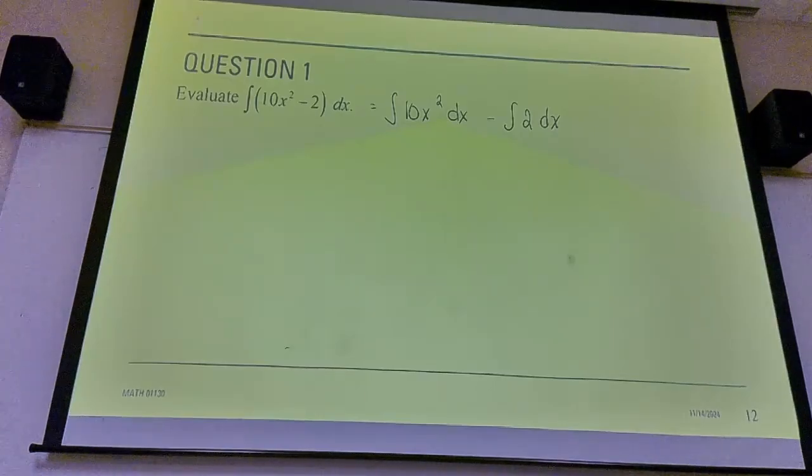All right, so first step, split it across the sum. And then realize, oh, look, I can factor out that 10. I can also technically factor out the 2, but I don't think I need to for the formula. I don't.